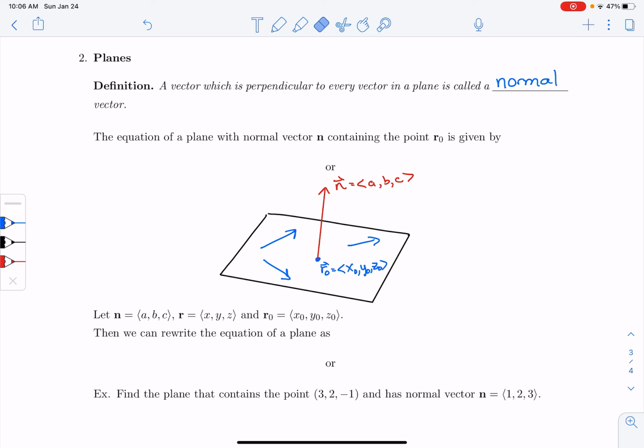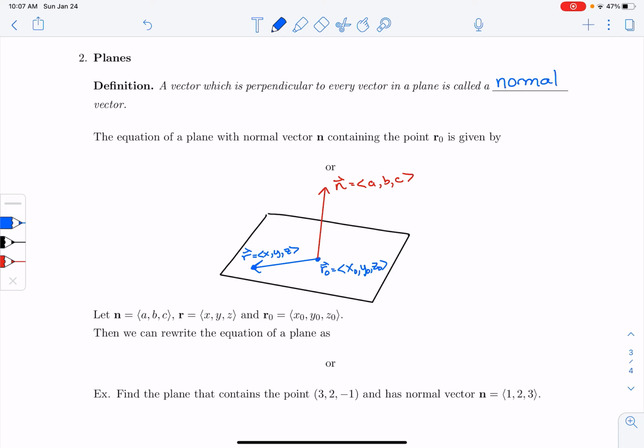So what I'm going to do is define an arbitrary vector in the plane. That arbitrary vector is going to be the vector that runs from R0 to R. Now R, I'm going to label, because it's arbitrary, as the point x, y, z.